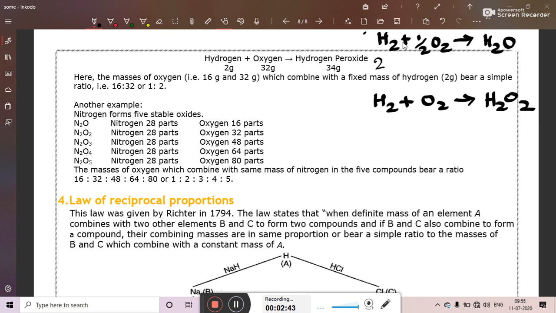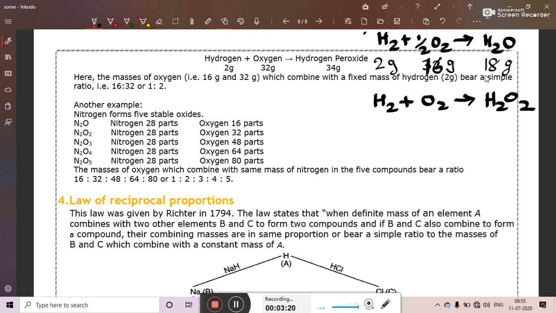So in case of formation of water, 2 gram of hydrogen reacts with half mole of O2, that means half into 2, so it will be 1 O. And for 1 mole of oxygen, the mass is 32 gram. So 2 gram of hydrogen combines with 16 gram of oxygen to form 18 gram of water.